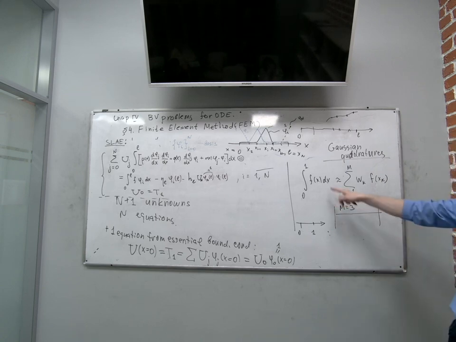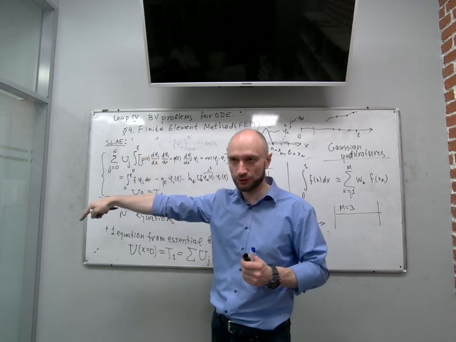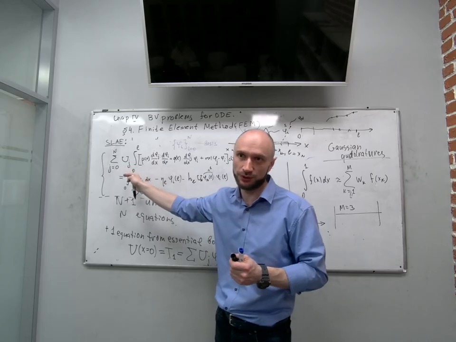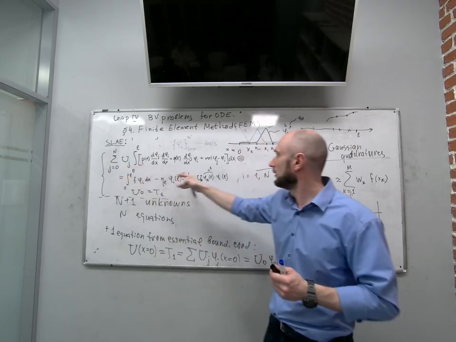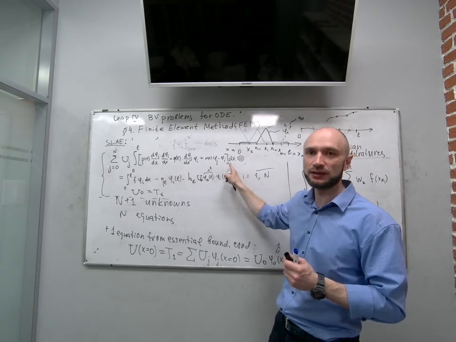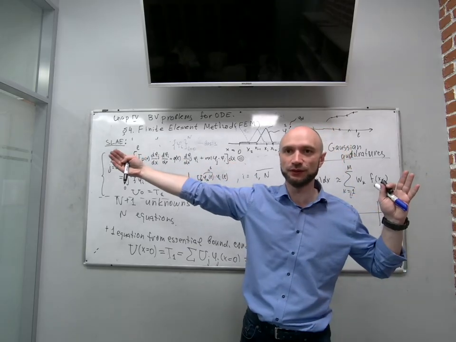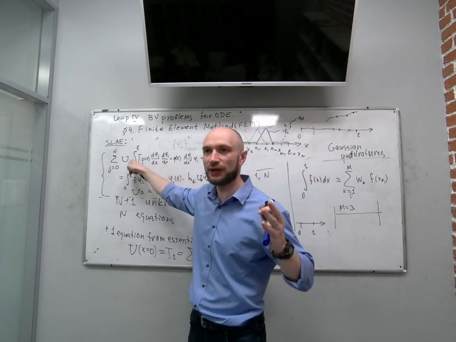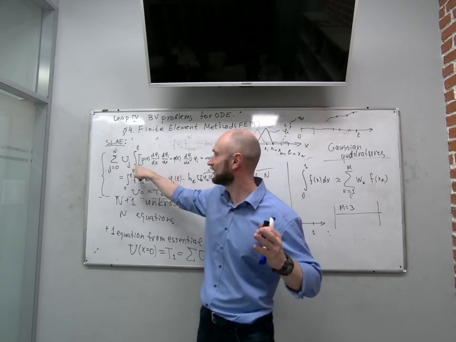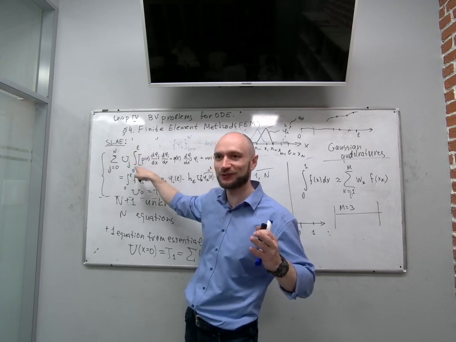And to use them, we need to convert this integral to canonical coordinates, but this is easy. This is a linear transformation of coordinates, right? When you do this, don't forget about these differentials. When you apply a linear transformation of coordinates, this differential will give you the length of the interval as a multiplier here, and in the denominator twice here, 1 by h squared, the length of the interval.